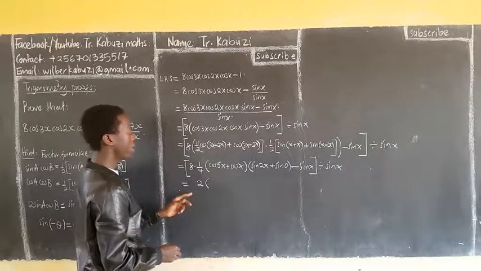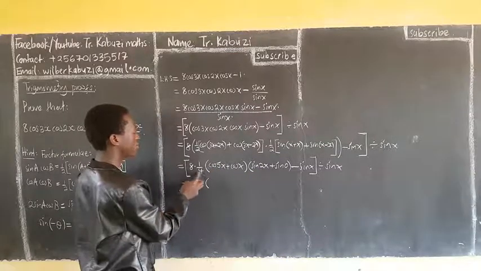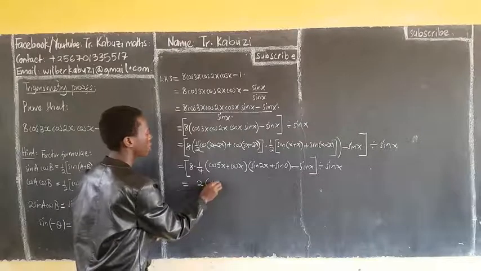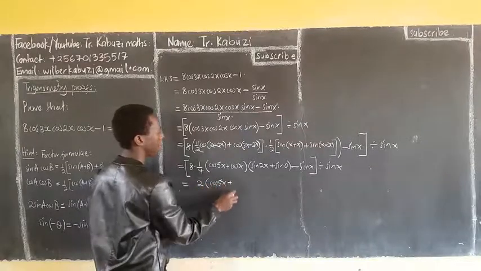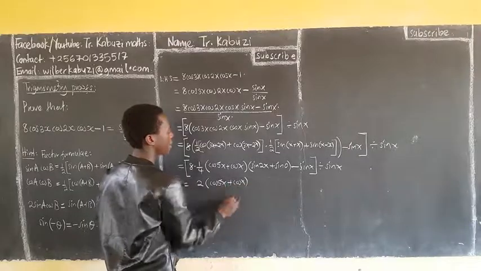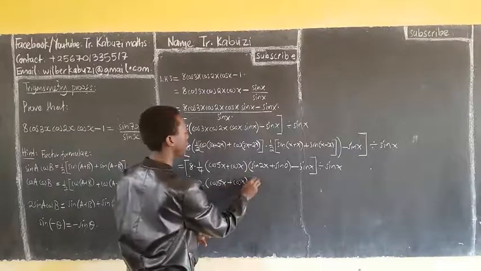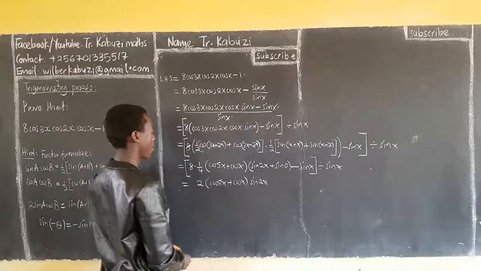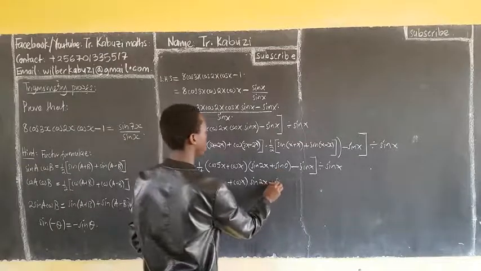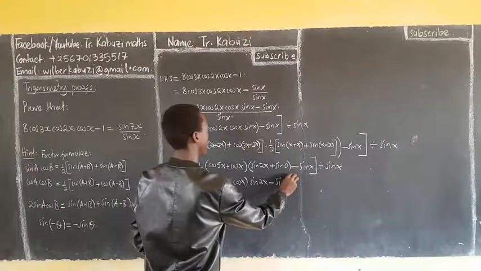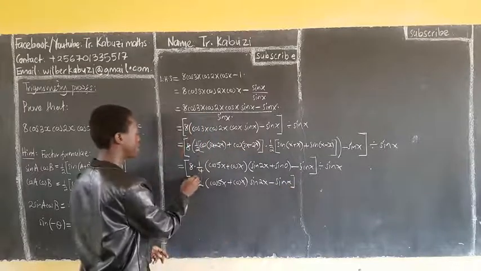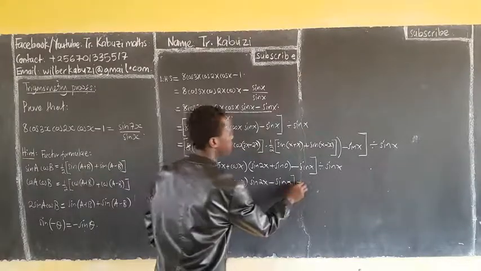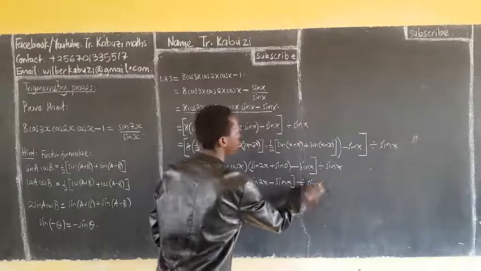Okay, let me open brackets at once. This will be 2 into cos 5x plus cos x, then sine 2x remaining, because sine of 0 is 0, and all of this I'm subtracting sine x, but in big brackets, then divided by sine x.